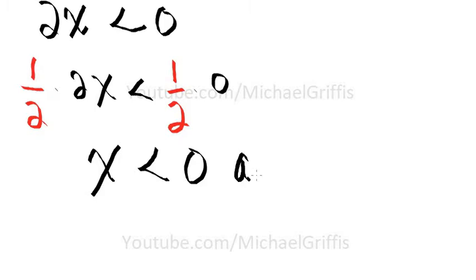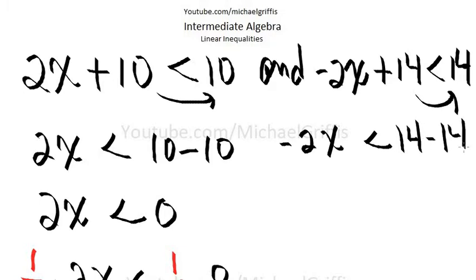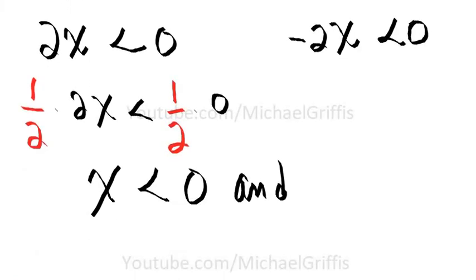Now remember, don't forget our and. Looking at the inequality over here on the right, we're going to move our 14 over. So we're left with negative 2x is less than 14 minus 14. So we can write negative 2x is less than 0. We multiply both sides by negative a half because that's the reciprocal of negative 2.